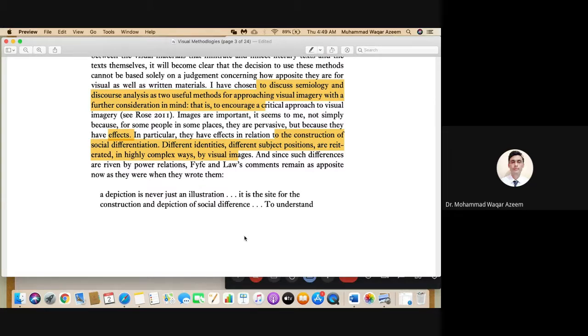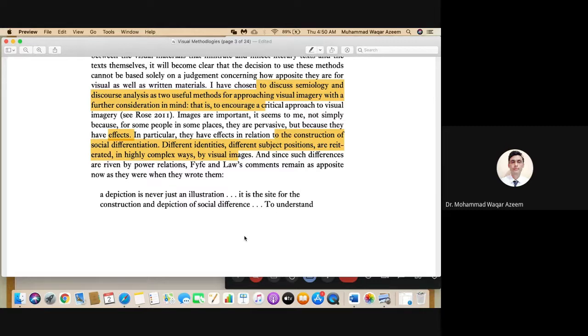That representation of a certain gender with a particular dress code is not an innocent representation, right? Why is that not innocent representation? It is not an innocent representation because it is a highly political act to present a gender in a particular dress code repetitively, right? Because the images have impact, they have effect on the viewer.